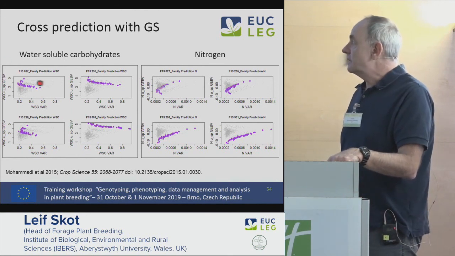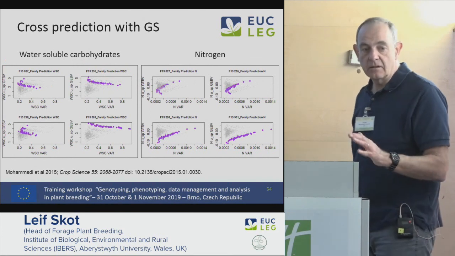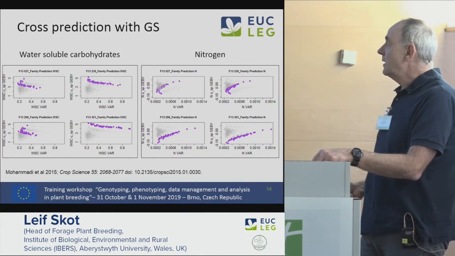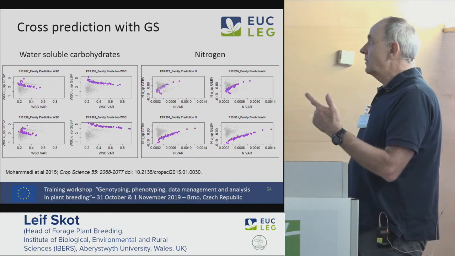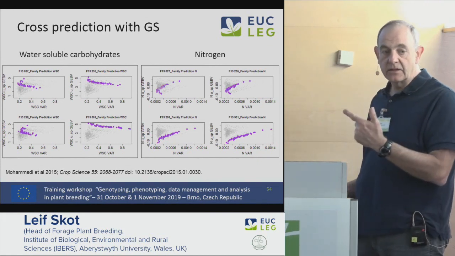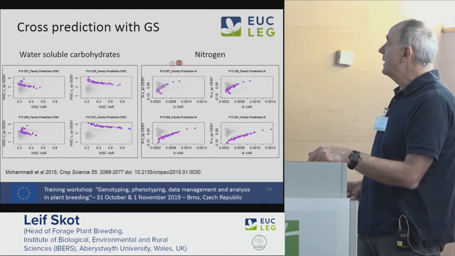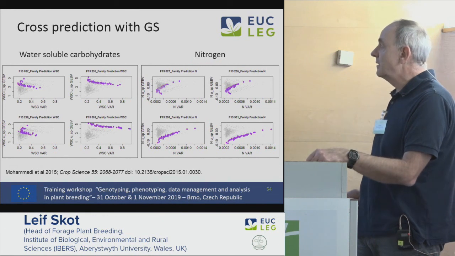And for these, there are 53 potential combinations with those here. And so we looked at water-soluble carbohydrates, which I said is a trait that we emphasized quite a lot in the selection, and then tried to contrast that with nitrogen or protein.